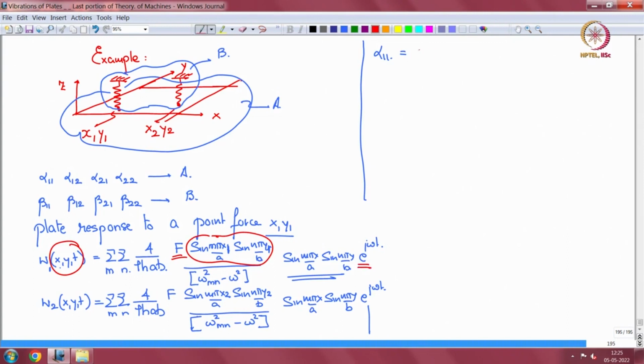So we get summation over mn 4 by rho h a b sine square m pi x1 by a sine square n pi y1 by b divided by omega square mn minus omega square.